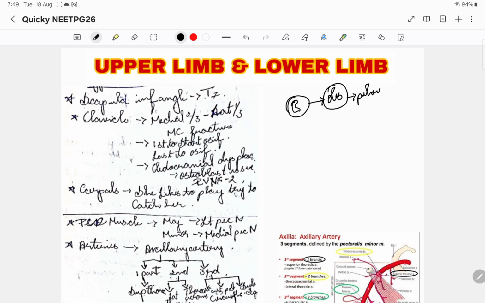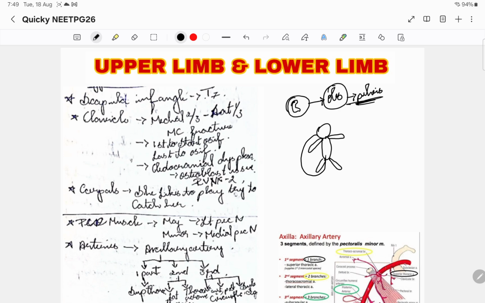Now let's take the baby has already been formed and now the parts of the baby have been formed. So let us discuss upper limb and lower limb, because now that the baby has formed, it is going to form the axial skeleton and the limbs, right?